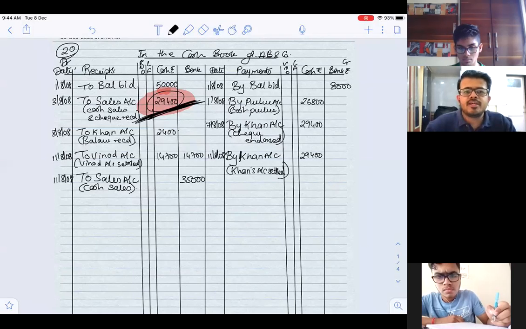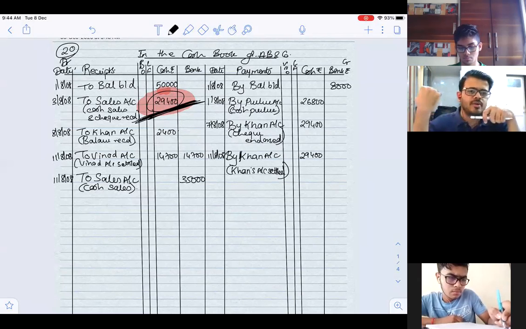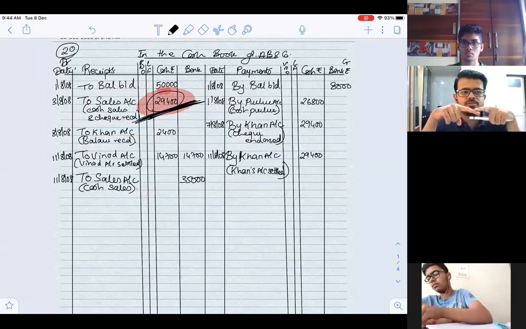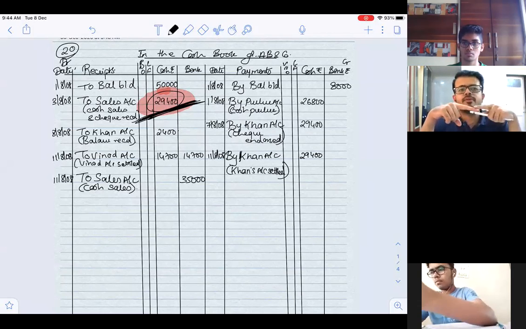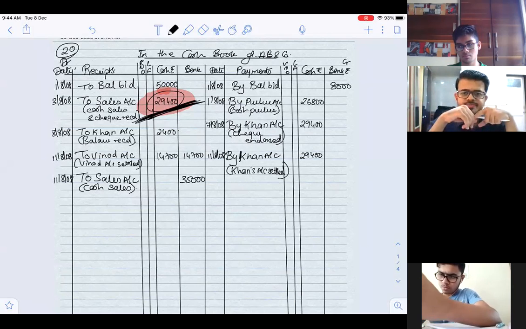So यहाँ पर जाके वापस दोनों सेटल हुए, विनोद as well as खान. विनोद खान का स्टोरी समझा? विनोद को गुड्स बेचा था, खान से गुड्स परचेज किया था. विनोद से पैसा आया, वही चेक खान को एंडोर्स किया, ऊपर का पैसा खान ने वापस दिया. अब खान वाला चेक बाउंस, विनोद वाला चेक भी बाउंस, दोनों चेक बाउंस, वो गया जेपी में. वापस विनोद से 29,400 आया, हाफ इन कैश हाफ बाय चेक, और वही 29,400 हमने खान को दे दिया बाय कैश, entirely cash. Comfortable?